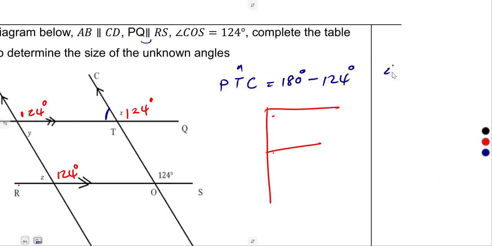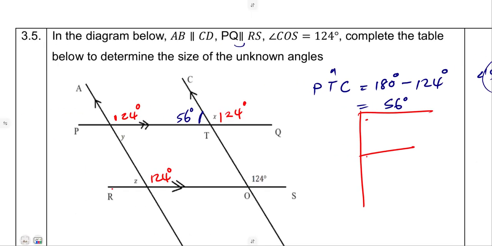This is going to give us 56 degrees. With this 56 degrees, we can say it is an alternate angle to the Y that we want. As we see these lines, we are forming a Z, alternate angles. So we can say, therefore, angle Y is equal to 56 degrees.